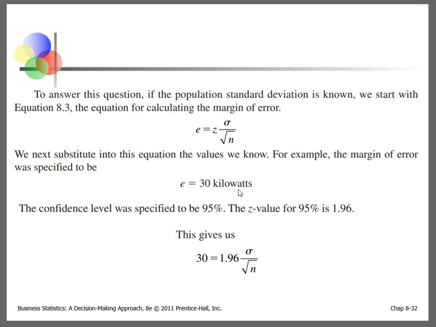The confidence level was specified to be 95%. With 95%, the z value is 1.96. This gives us 30 equals 1.96 times the population standard deviation divided by the square root of the sample size.